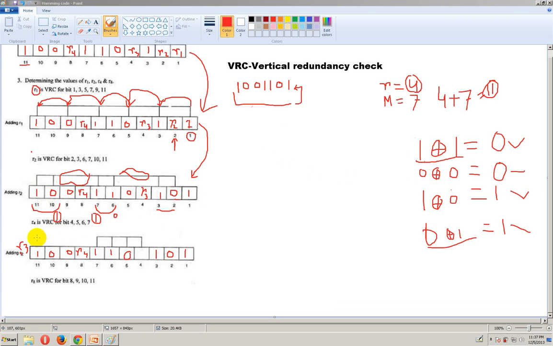Now let's move to r3. Since we already have r1 and r2, the r3 position is 4.